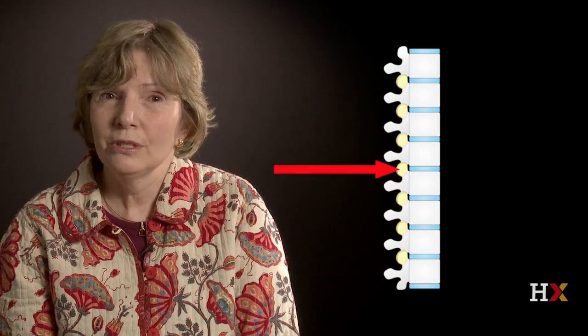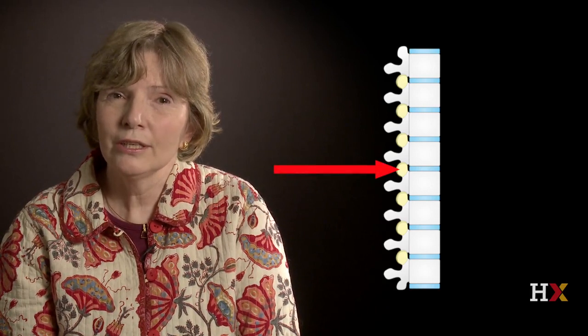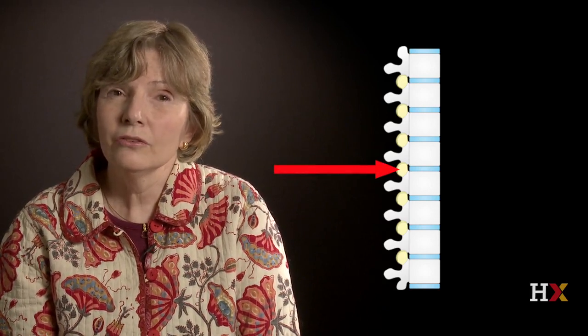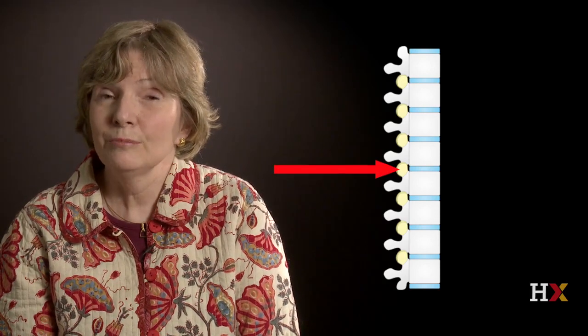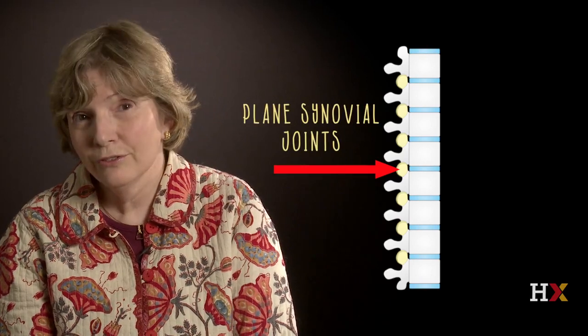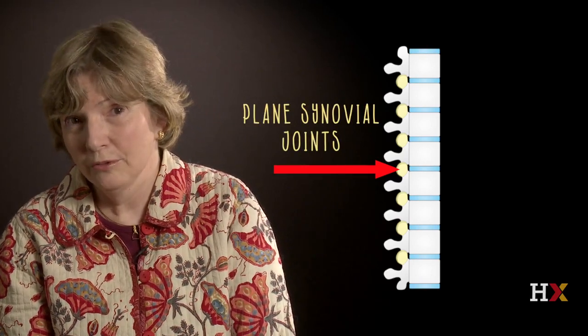Here is a series of synovial joints. So when we think of the joints of the spine, we usually think of intervertebral discs because they're the most troublesome. But there are a series of synovial joints between the arches of the vertebrae behind the articular discs, and those are the flat surfaces of plane synovial joints with a synovial membrane with a little capsule.